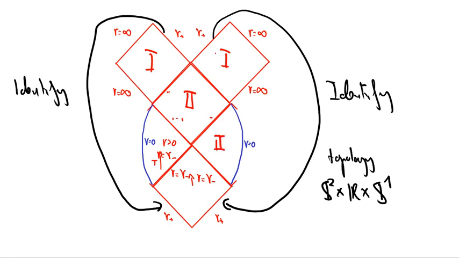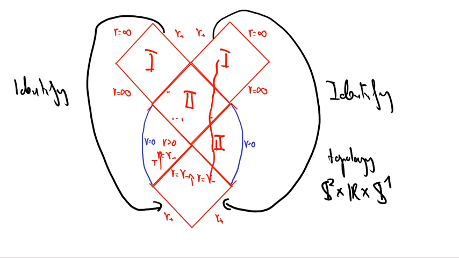So an observer can start in region 1 and enter the black hole. Here we are following a different time convention, but it doesn't matter. So then the observer continues through a region in which the singularity is.